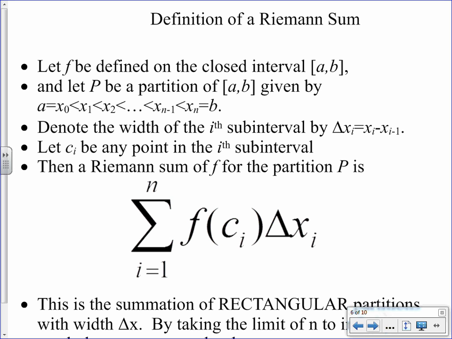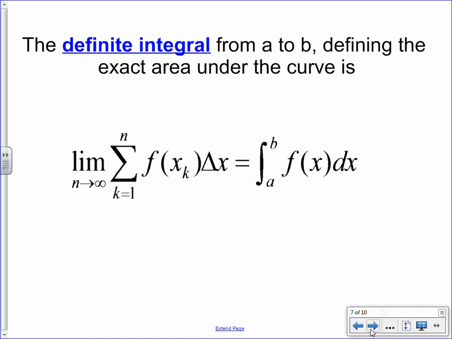Okay? So I'm going to go back to this slide here. You already have written this down. Now, since we have all of these shortcuts with k equals 1 to n for our sums, it is going to be beneficial to us to use the right-hand rectangles rule for this Riemann sum.